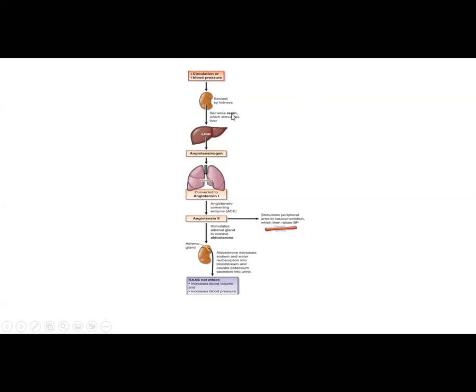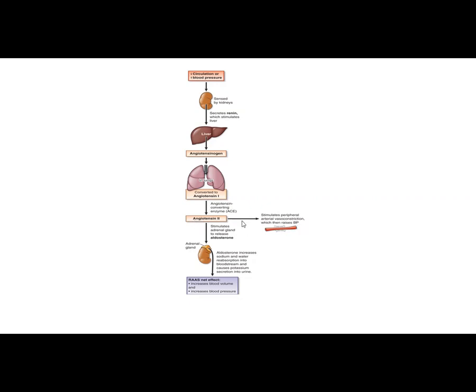When they sense this, they secrete a hormone called renin, which stimulates the liver to create angiotensinogen, which then converts to angiotensin 1. You've got this angiotensin converting enzyme here, which helps speed up angiotensin 1 going to angiotensin 2, which stimulates peripheral arterial vasoconstriction, which then raises blood pressure.